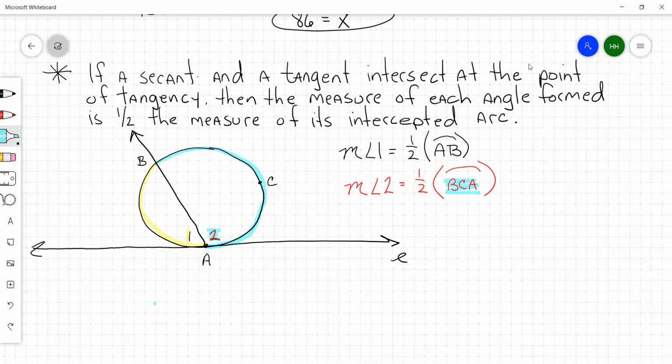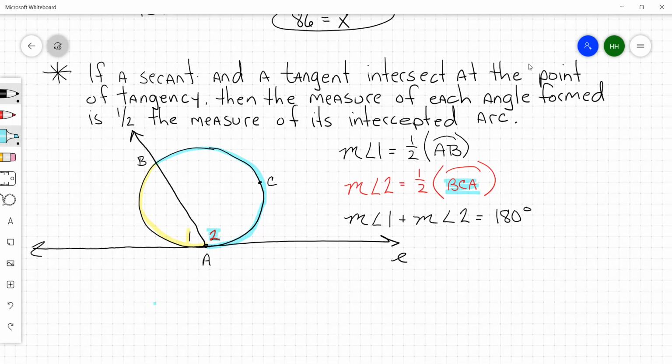Let's say that the measure of angle 1 plus the measure of angle 2 has to equal what? Very good. 180 degrees. They're next to each other and they form a line.